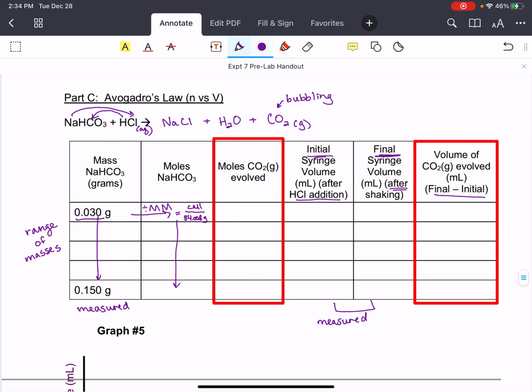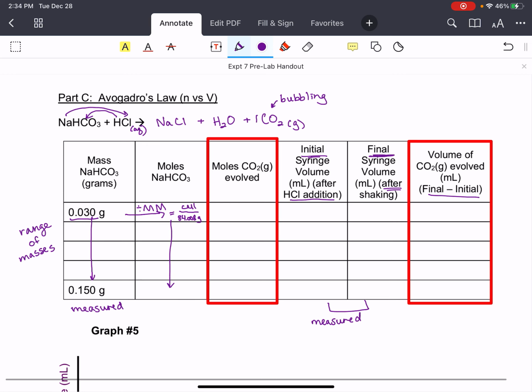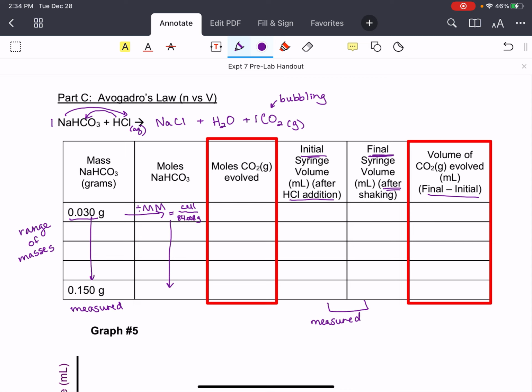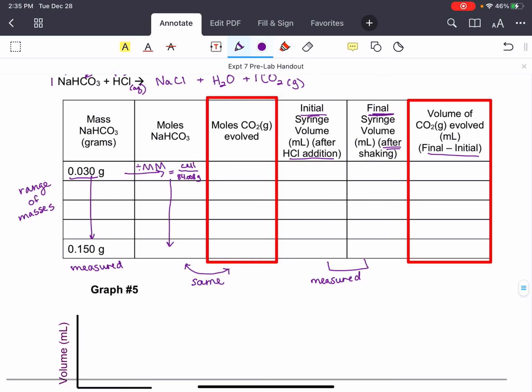The moles of CO2, if you look at the balanced equation, there is a 1-to-1 mole ratio between the carbon dioxide formed and the sodium bicarbonate. So these two columns right here have the same values. So you can just copy them right over. It's the same number. And that's why we chose a 1-to-1 reaction. And then when you do the final minus initial in your last column, then you can prepare your plot.